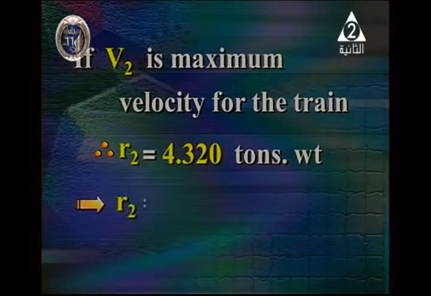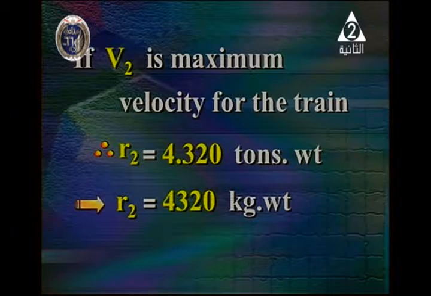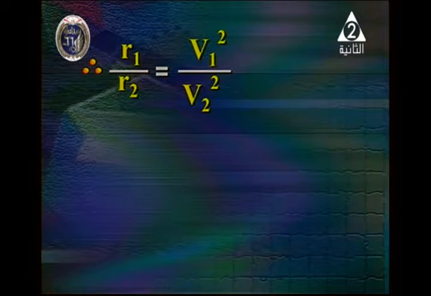By substitution, multiply by 1000, each ton is 1000 kilogram, R2 becomes 4320 kilogram weight.